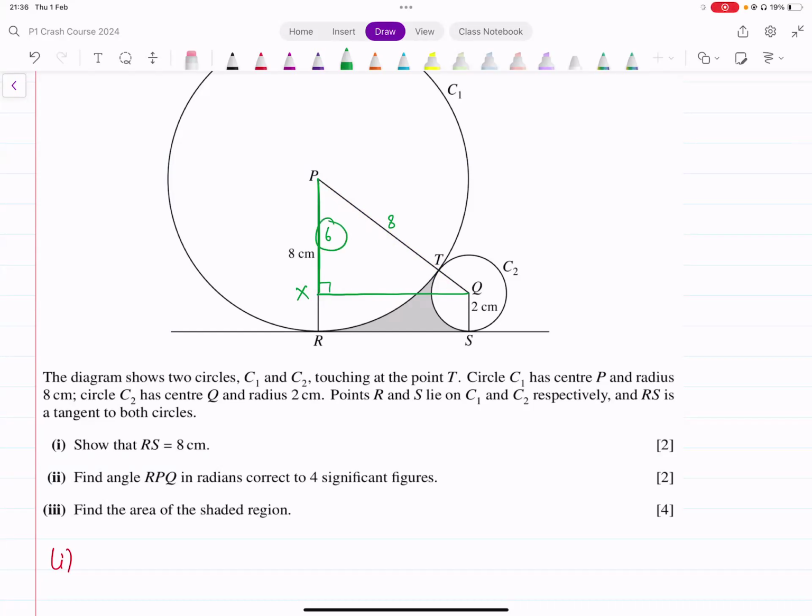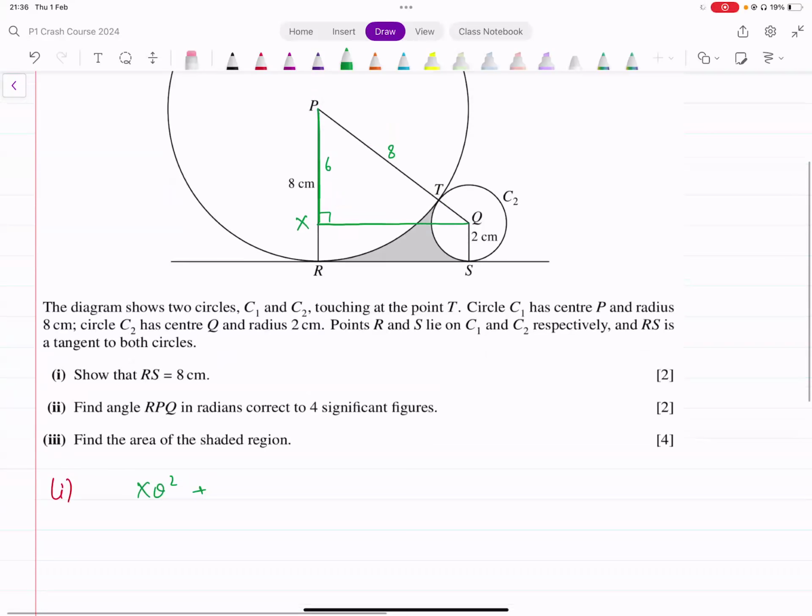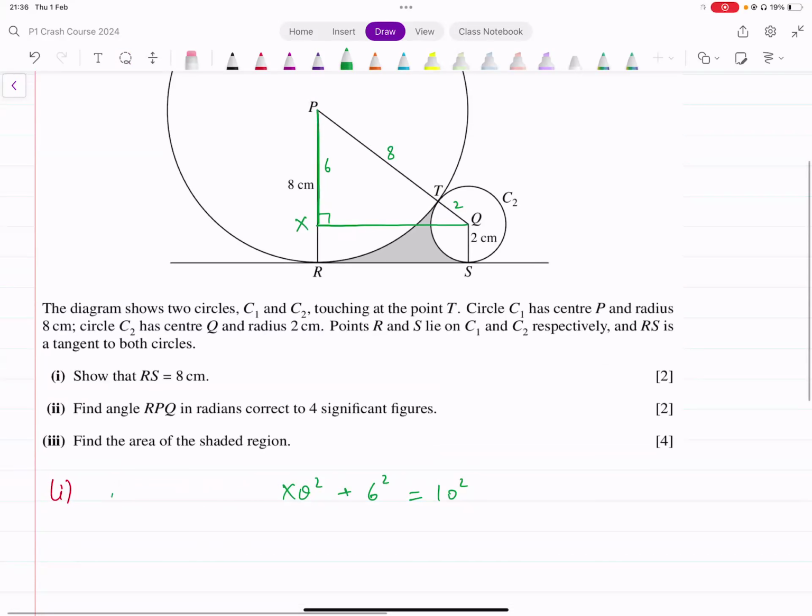PX is 6, PQ hypotenuse is 10. We can find XQ. How can we find that? XQ squared, base squared plus perpendicular squared equals hypotenuse squared. That's 10 squared. Which triangle are we using? We're using the triangle PXQ.